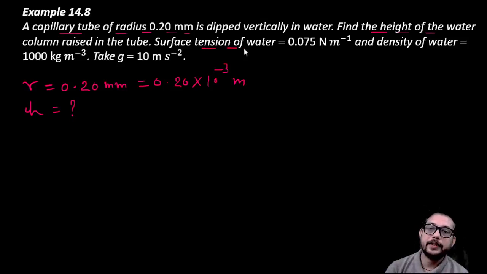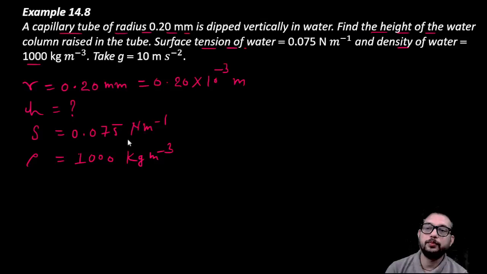And the surface tension capital S is given as 0.075 Newton per meter, and the density rho is also given to you, that is 1000 kg per meter cube, and g we have to take as 10 meter per second square.